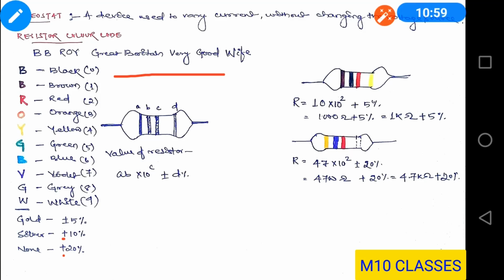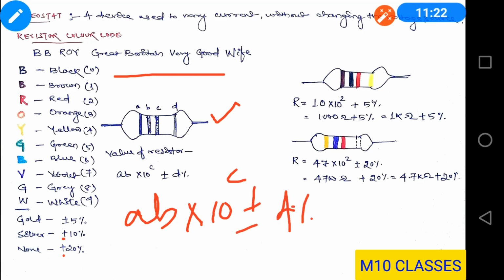Now see how to determine the value. Here I have shown four color bands A, B, C and D. The first two digits A, B, into 10 to the power C, the third color band, plus minus D%, which is the tolerance.